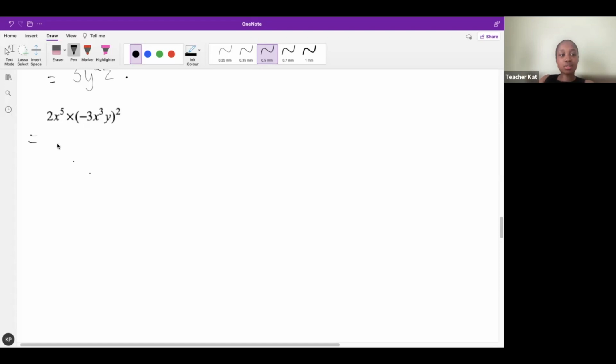For 2x to the power of 5, is there anything that we can do there? No, there isn't. So I'm just going to rewrite it. So it's going to be 2x to the power of 5 times. Now, how many different bases do we have inside my bracket? 3.